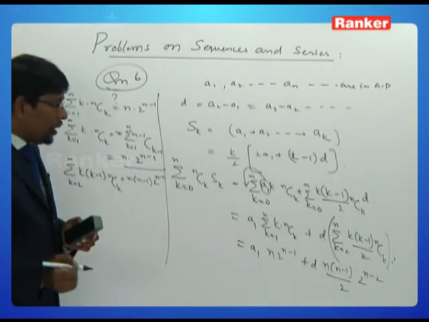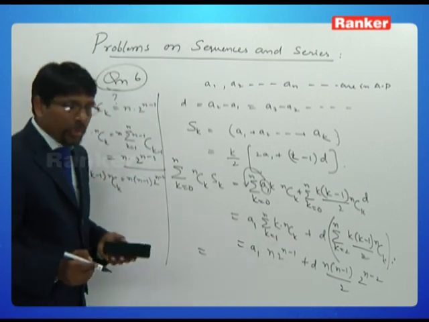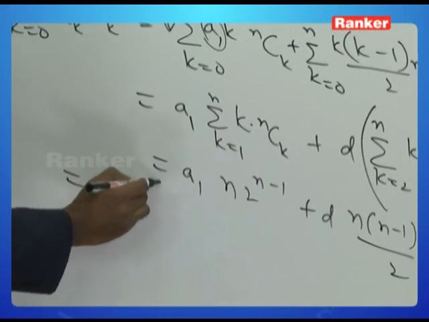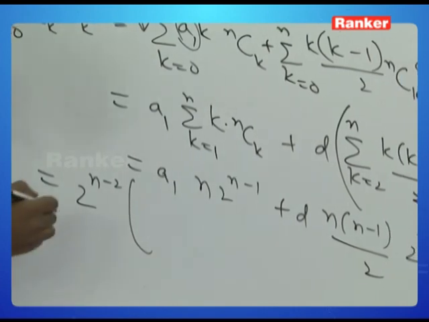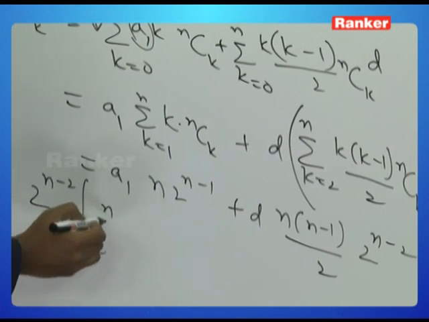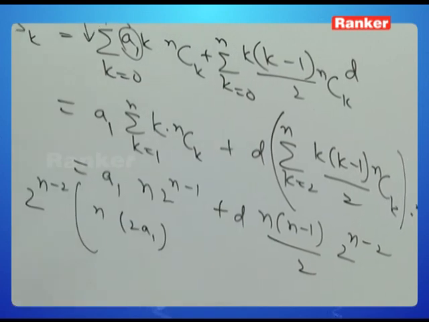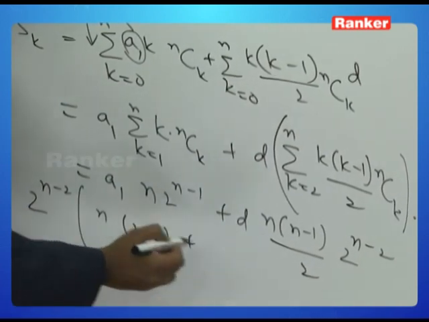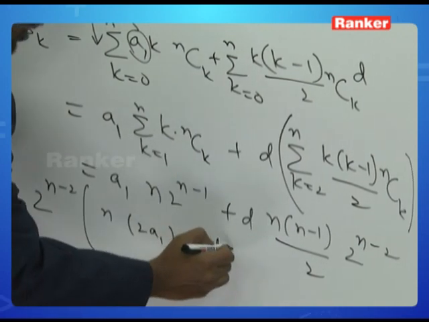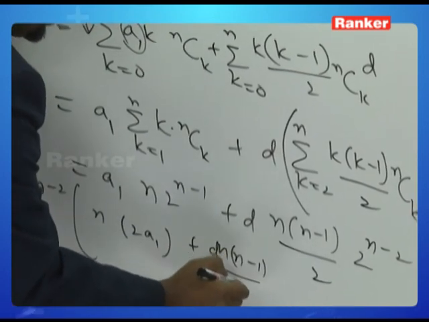Okay. Now we can take out 2 power n minus 2 common from both of them, and we have here n into 2 into a1, that is 2n a1, plus d into n into n minus 1 by 2.